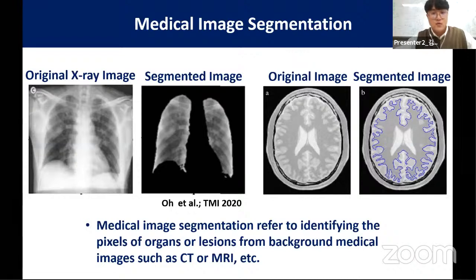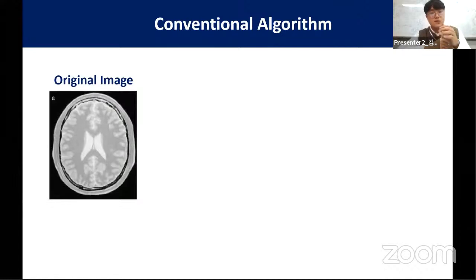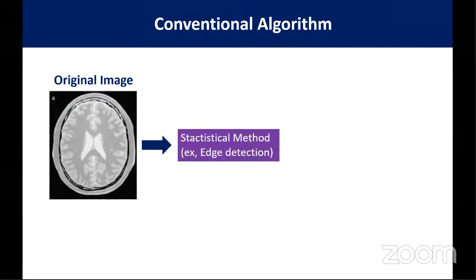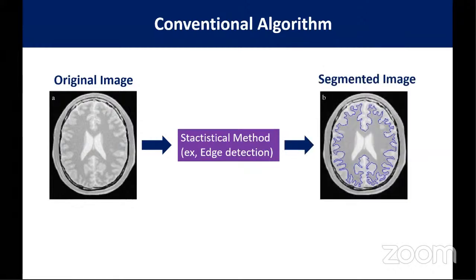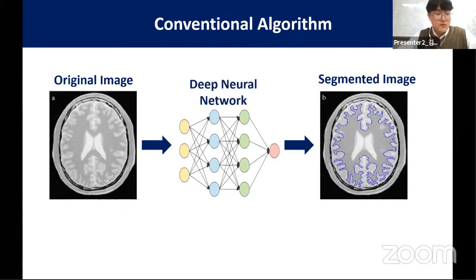To address this problem at an early stage, learning-based methods were proposed for medical image segmentation, for example, statistical methods, edge detection, or filtering-based methods. However, the recent breakthrough from deep learning enabled these statistical methods to be replaced with deep neural networks.